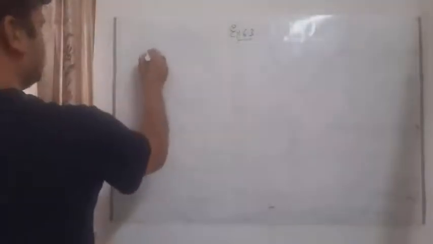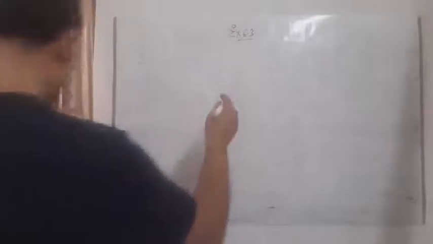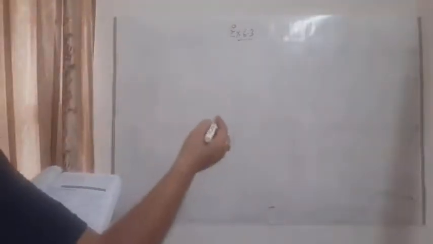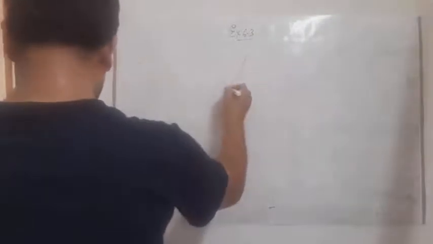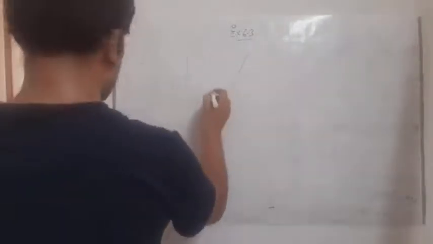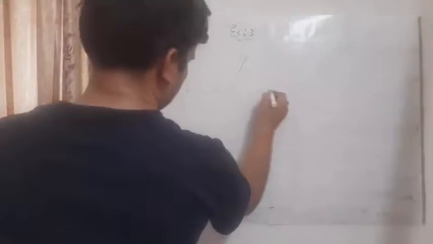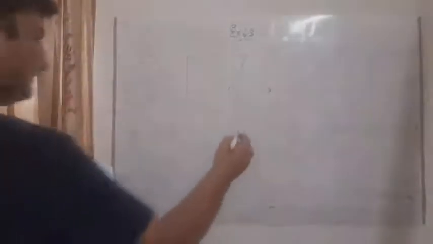Now students, question number 5 we are doing here. In the figure, it is given that PQ is perpendicular to RS. So students, this is already given, and this is also given. Make this figure first.